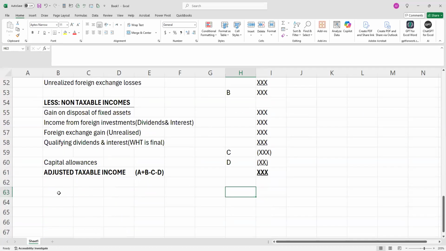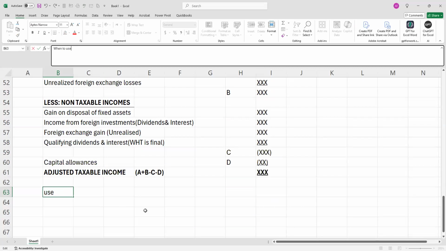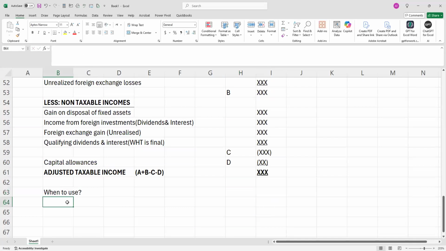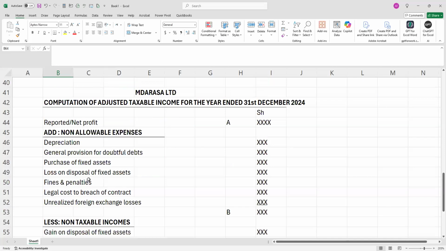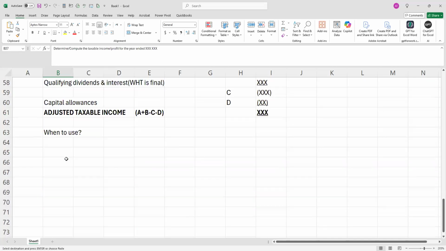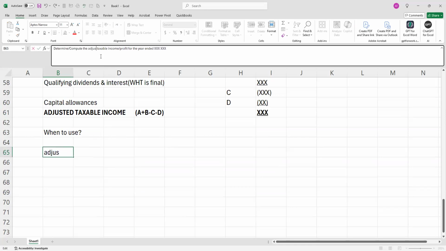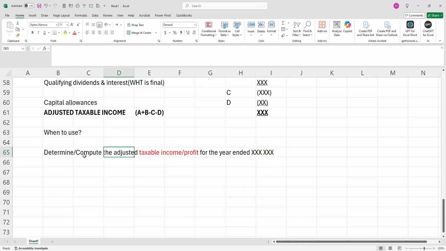When are we supposed to use this approach? When to use this approach is where the examiner has instructed us that whatever you're supposed to do is to determine or compute the adjusted taxable income, and you're not given any further instruction.